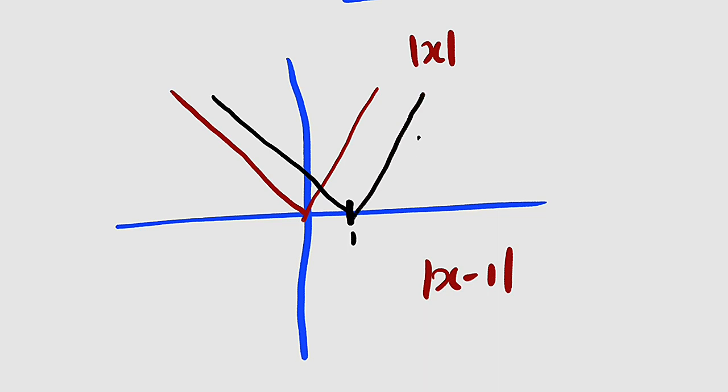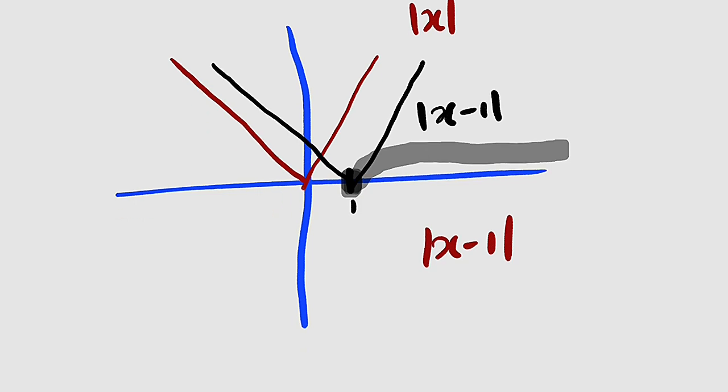So this is the absolute value of x minus 1. Remember that the value of x is approaching 1 from the right hand side. As you approach 1, it will approach 0 directly because this is the value of y at that point. And hence this is the solution to this problem.